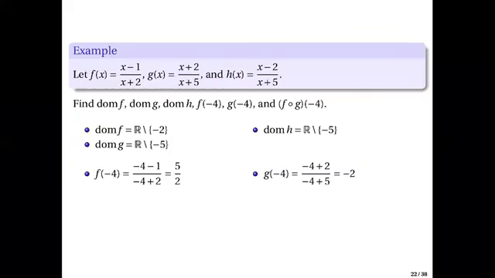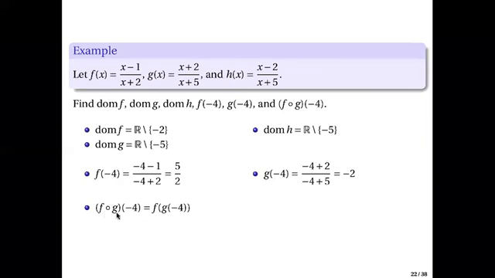Okay? So easy calculation, at least for f of negative 4 and g of negative 4. Now, let's look at f circle g of negative 4. So this guy here, by definition, it's this one.